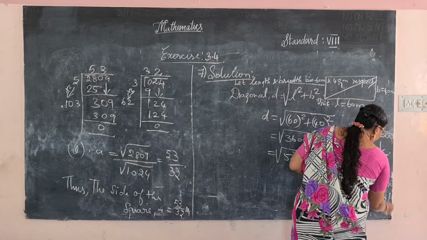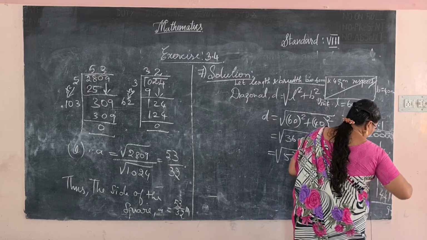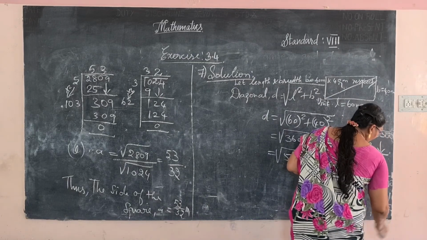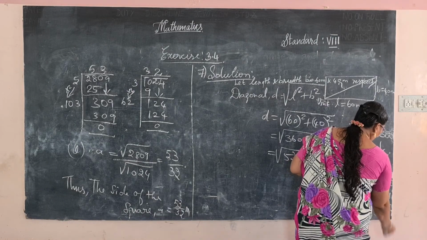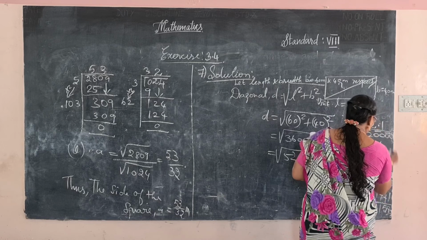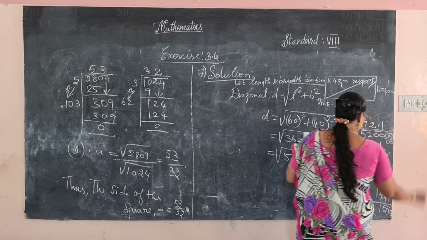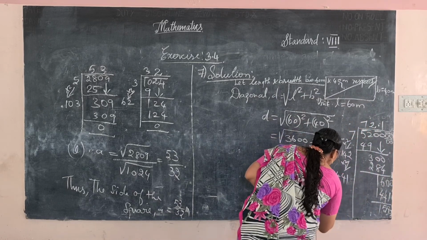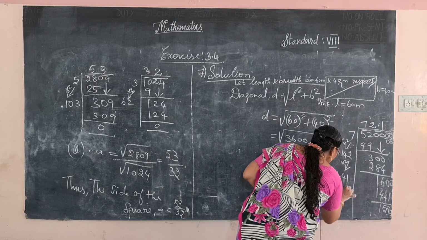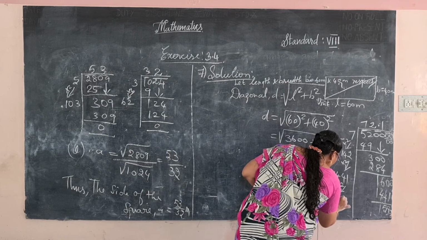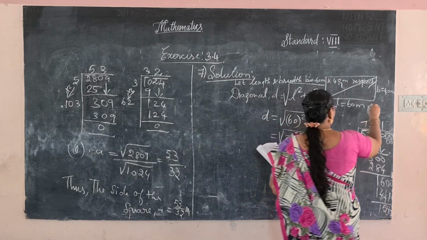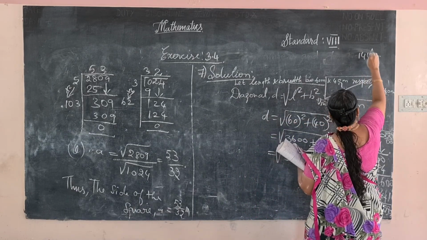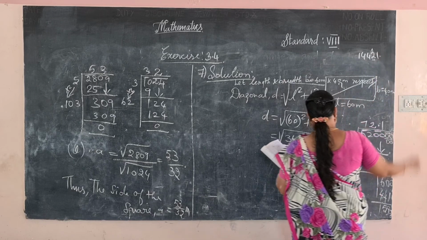We get 1, so add 2 more zeros. Multiply by 2. Which number do we multiply to get that value? 14421.